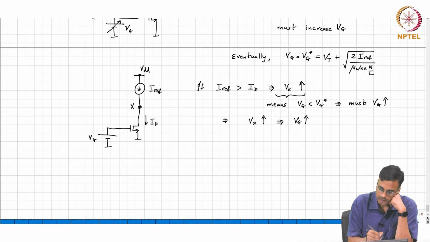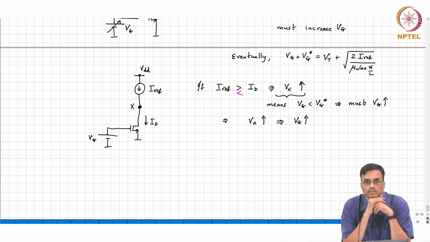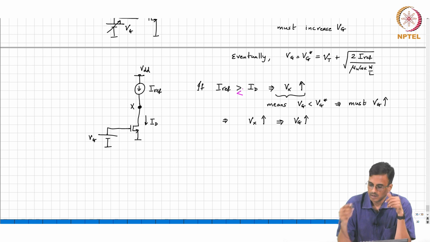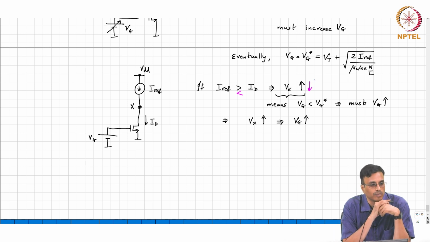Now, likewise, if IREF is less than ID, what comment can we make about Vx? The potential of the node X will tend to fall, correct?